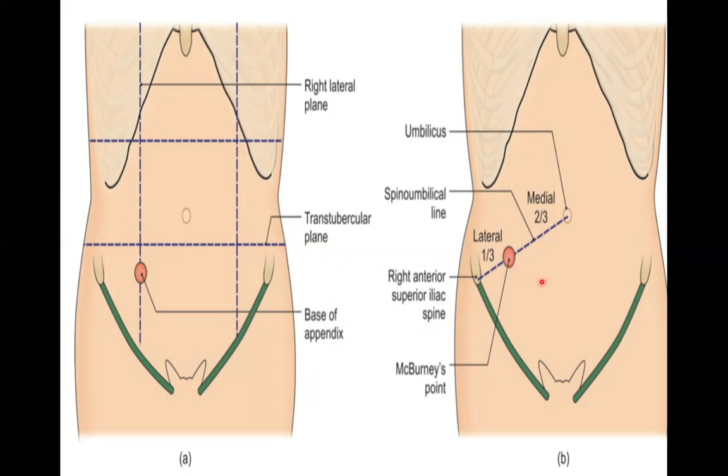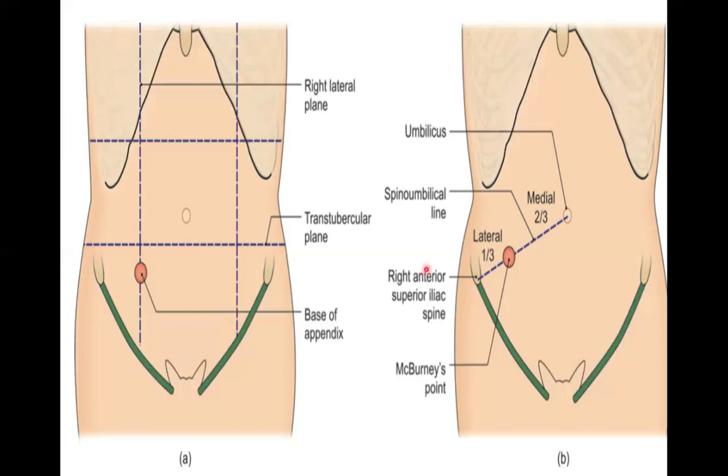This is the point we press on, and when we suddenly lift our hands, the rebound tenderness is positive and the patient cries out. Also, he gives a history of dyspepsia, a history of vomiting, and a history of pain that started at the umbilical region then shifted to the right iliac fossa. So immediately we look at his age and fever, and we give a diagnosis of appendicitis and send him to the surgical ward.